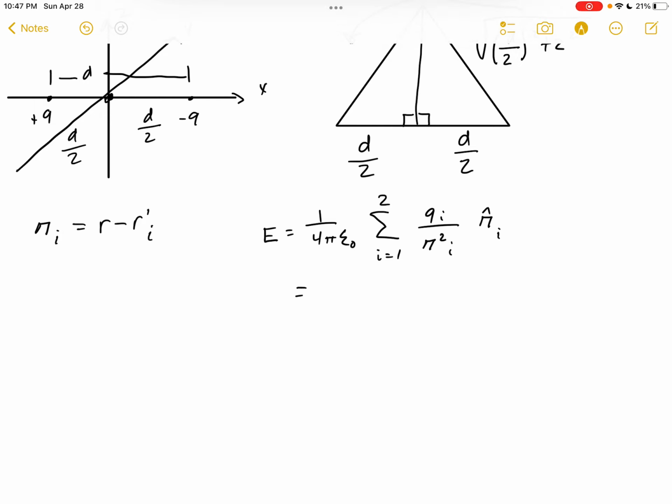We can further simplify that to 1 over 4 pi epsilon naught, sum over i equals 1 to 2, qi over our superposition vector squared times the vector r minus ri over our superposition vector.